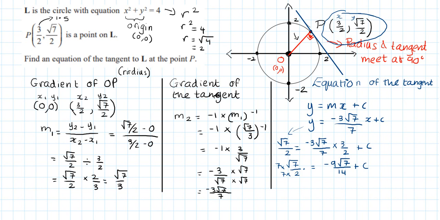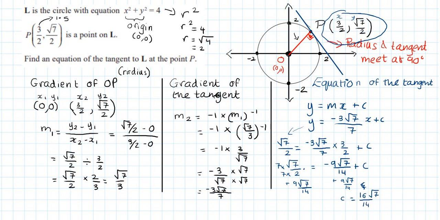To get c, I need to add 9 root 7 over 14 to both sides. So c will be 16 root 7 over 14.